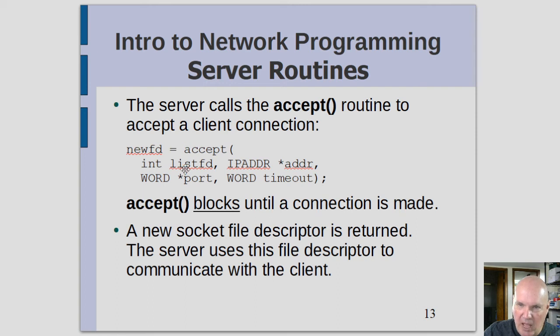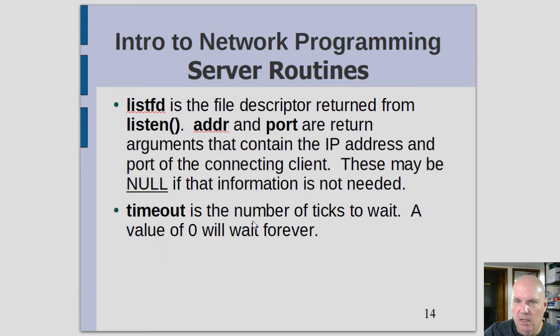So accept will actually block until a connection is made. When it unblocks, you've got a file descriptor, and then you can use that file descriptor to send data back and forth to the client using read and write. Okay. So details on the arguments here. The listening FD is the file descriptor returned from the listen command. Address and port are return arguments that contain the IP address and port of the connecting client.